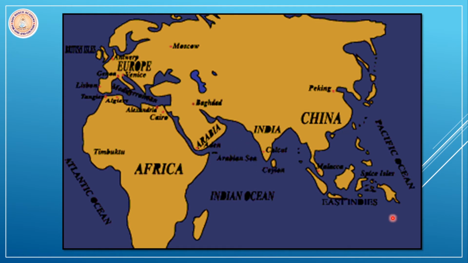In this GIF, we can see how the transporting of goods used to take place from Europe through the Mediterranean Sea and also through the Suez Canal to India and other far eastern parts of the continent of Asia.